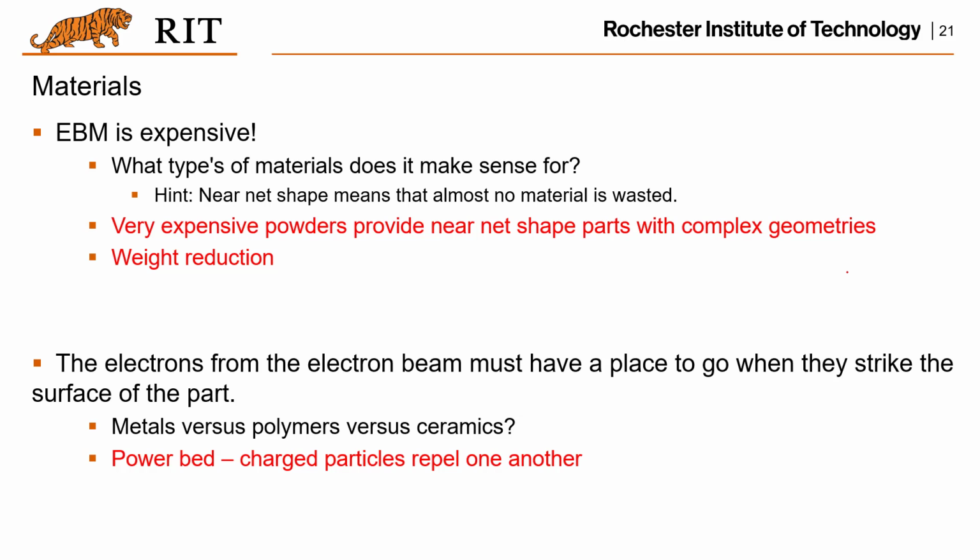They do not have good electrical conductivity, such that the electron beam will go nowhere and will charge the particles of the material. Because they all have negative charges, they will repel each other and make a dust filling the whole chamber, which is undesired. So that's why only materials with good electrical conductivity will be used in this process.